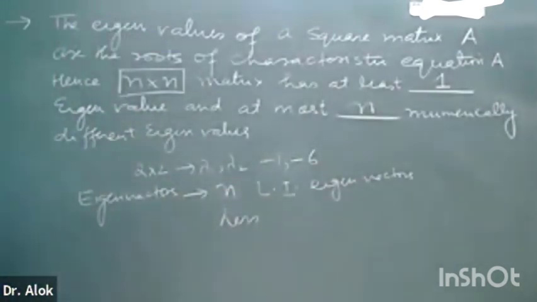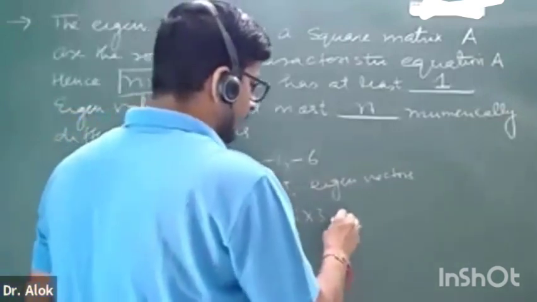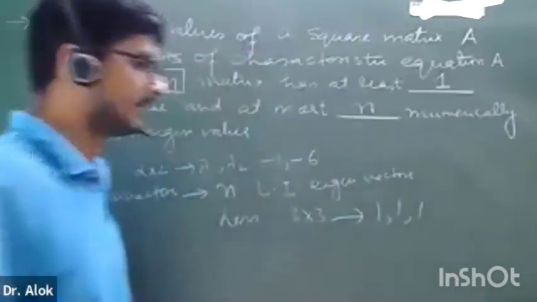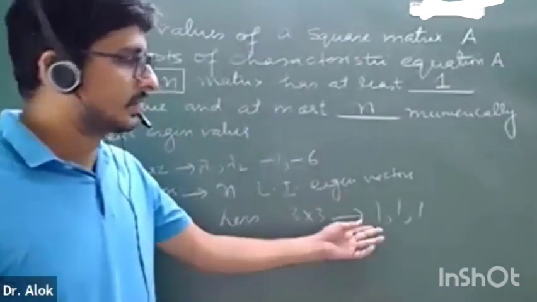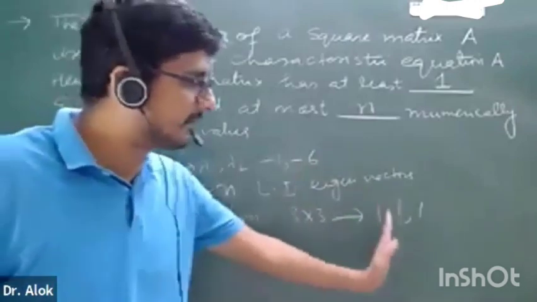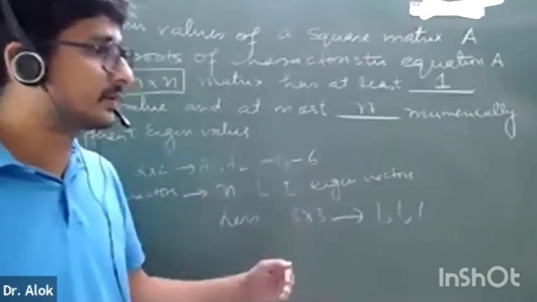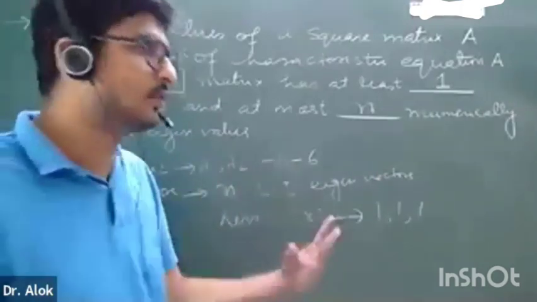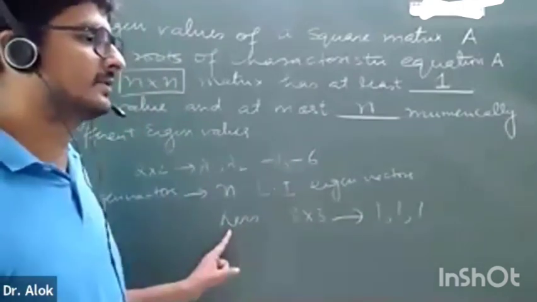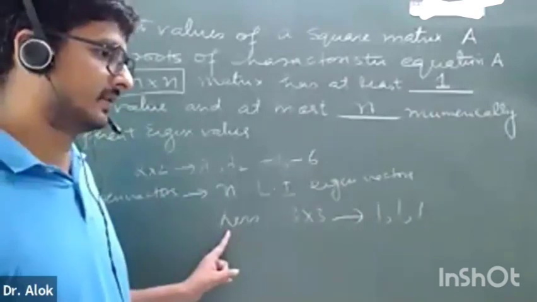Suppose there is a 3 cross 3 matrix and you got eigenvalues as 1, 1, 1. The corresponding eigenvectors may be three linearly independent eigenvectors, but there is a possibility that you are able to write only two different ones. So that's why there is a chance of getting less linearly independent eigenvectors also.